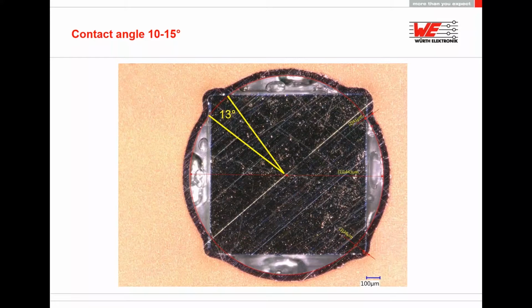But we can answer it easily. We can measure the connecting angle of every corner on the pins, and then we can calculate with this angle the total contact area in the PCB.